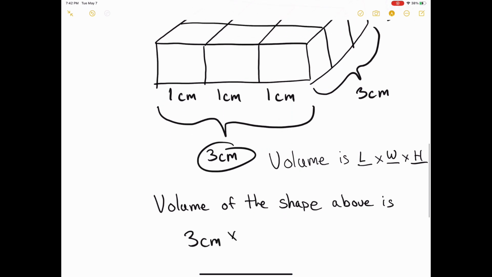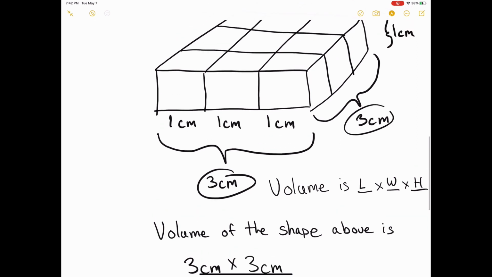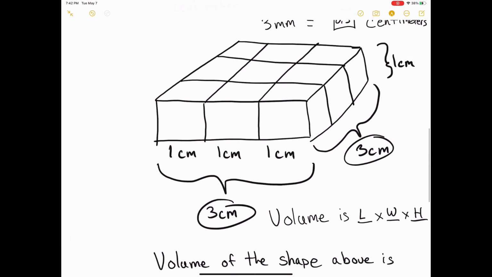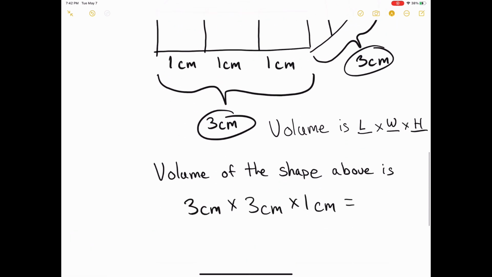You'll need your 3 centimeters. You'll need the other 3 centimeters. And you'll need that last 1 centimeter. Simple math. 3 times 3 times 1. That's 9.